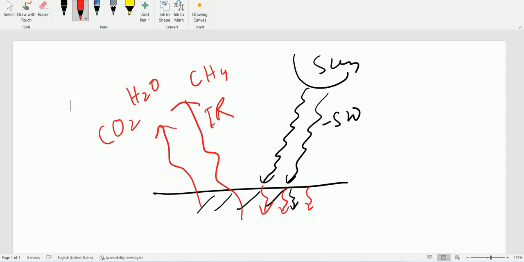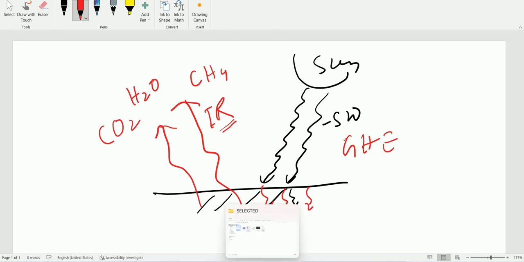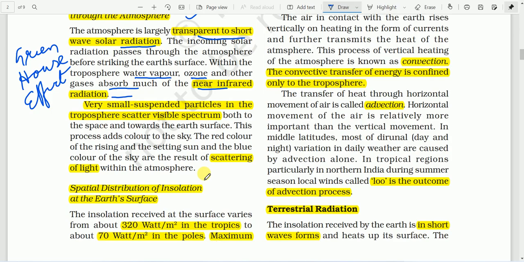These gases absorb the infrared radiation released by the surface of the earth, thus warming the earth's atmosphere, and this is known as the greenhouse effect. It is because of the greenhouse effect that we can live comfortably even at night, and in the houses also. So this is a very useful phenomenon.